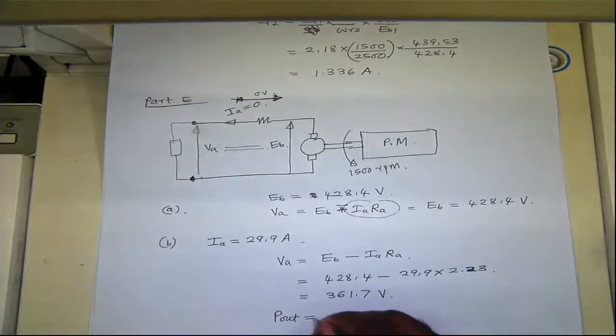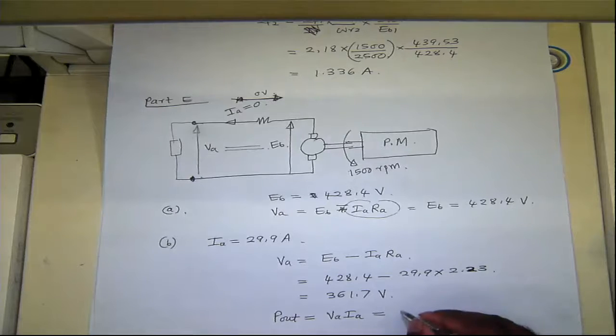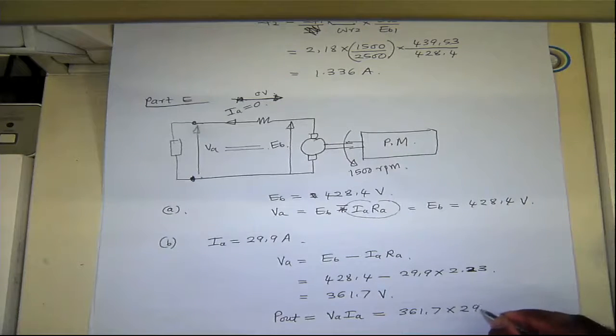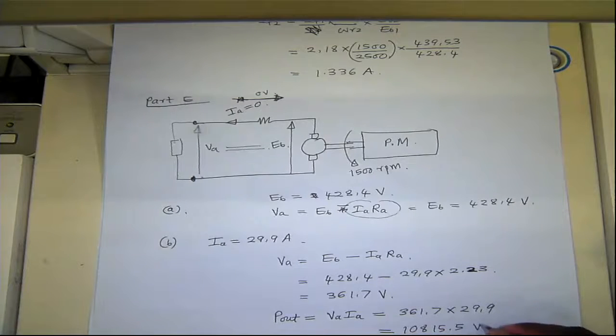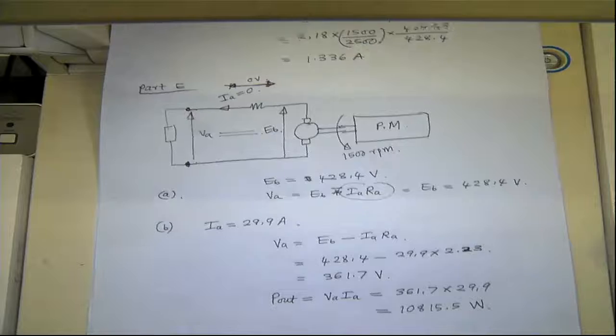So this will be just VA times IA, which is 361.7 times 29.9. The armature voltage times the current gives you 10,815.5 watts output power.